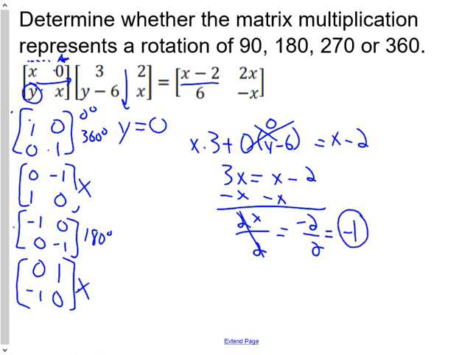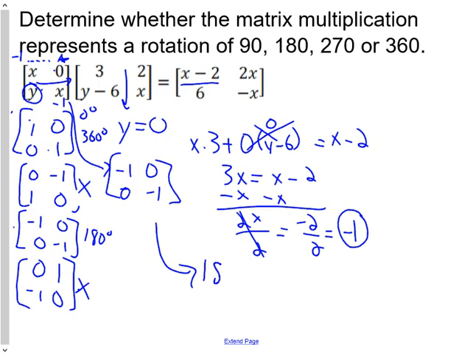And that gives us this negative 1, 0, negative 1 pattern. Right, that's what this matrix will be, and that is 180 degrees. So you don't necessarily need to solve for both to find the answer, but in this case, that is our answer to that one. And you can always pause if you need to catch up with the notes.